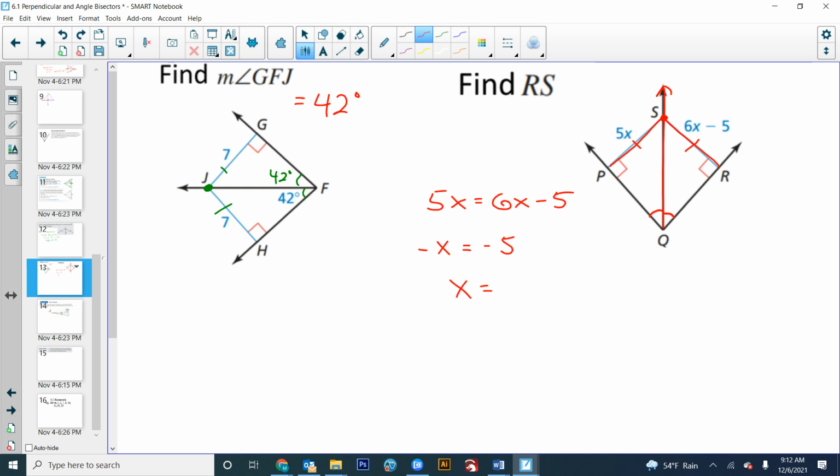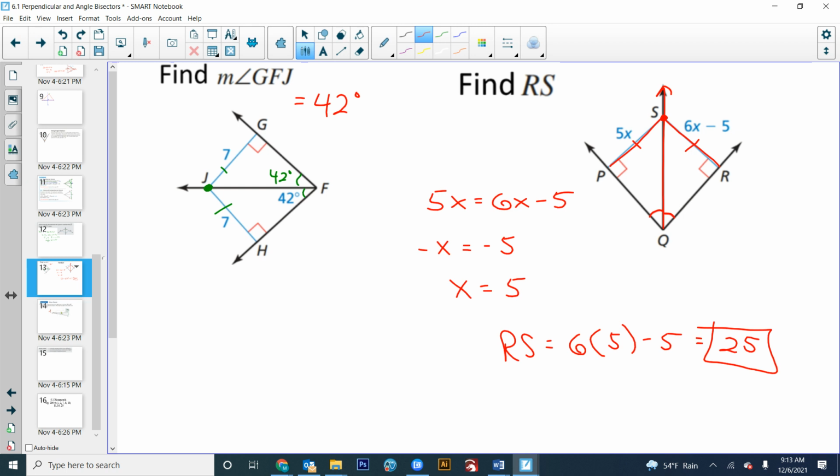X equals 5. Our S is 6 times 5 minus 5, which is 25 units. Does that make sense? How to solve those? So you have to kind of train your eyes, look at the picture and decide, do I have enough information to use one of those theorems? And then what's the conclusion of it? That kind of helps you set it up.